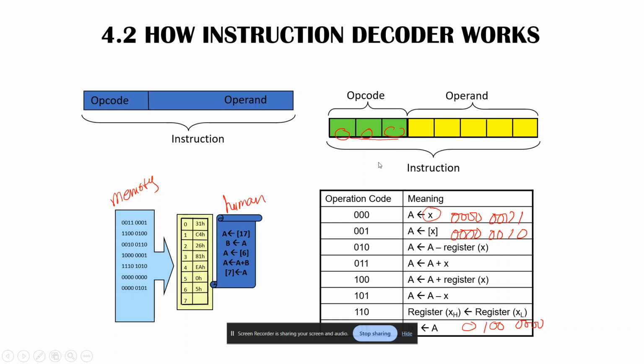And then if the operation code is 001, it will remain the same, but with a little change which will make 10. Then 010 means minus register X, and then it continues and so on.